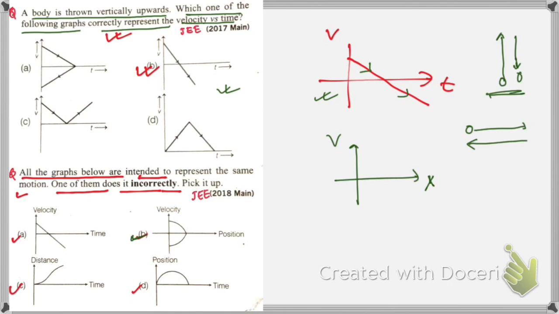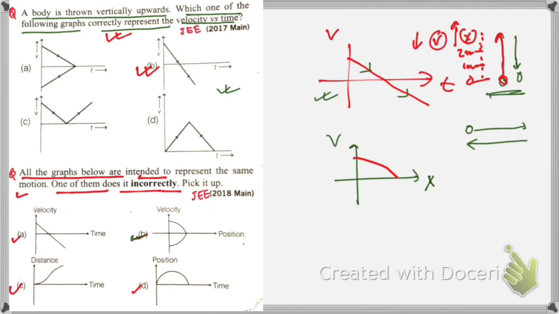If the object is going upward, from 0 to something else, the position is increasing, 1 meter, 2 meter, and so on, but velocity is decreasing. That means the graph should be something like this. So position is increasing, velocity is decreasing, right?